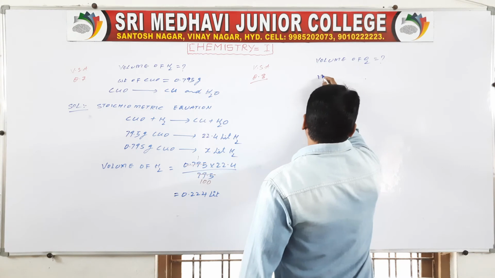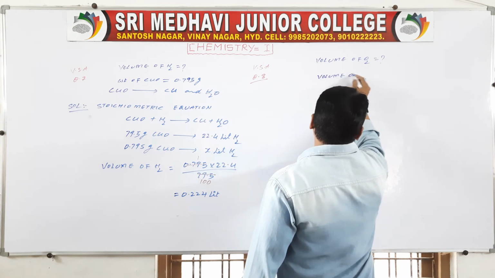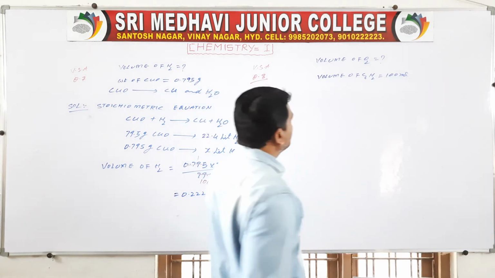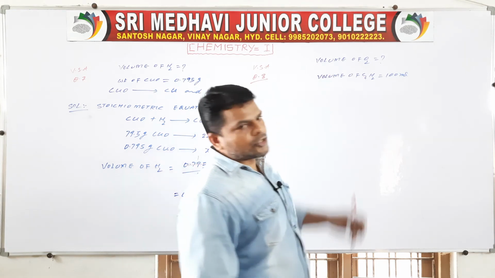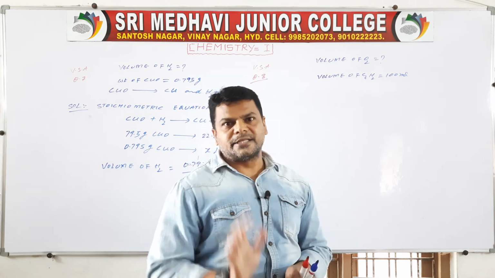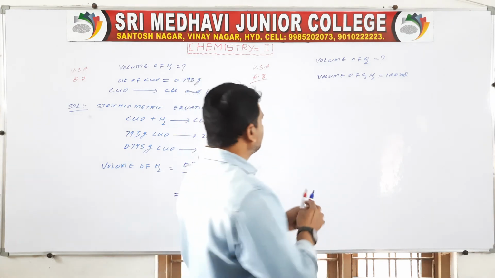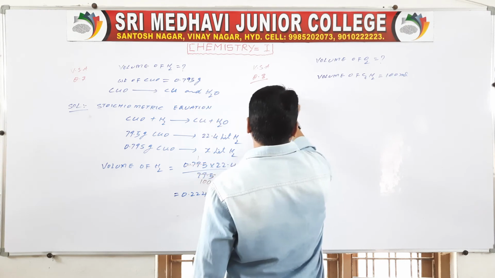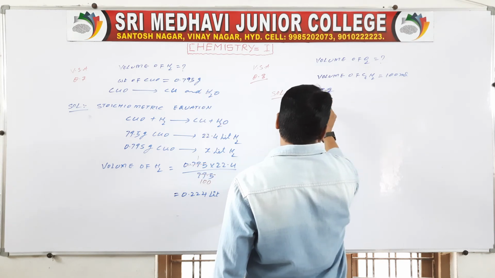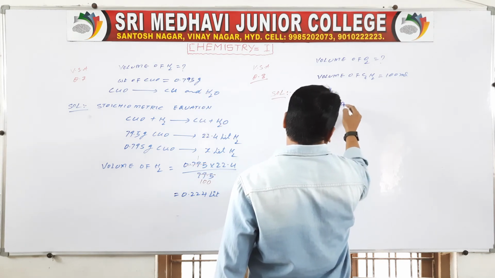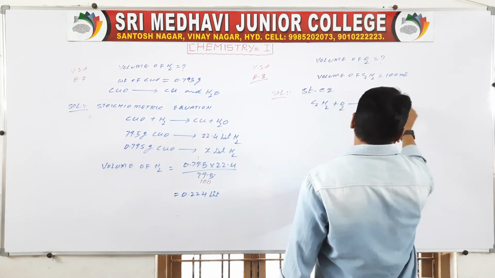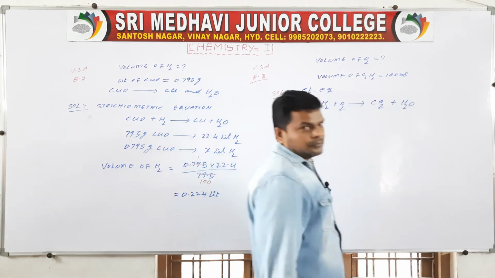The volume of C2H2 equals 100 ml. So this volume is given, and this volume we have to calculate. Acetylene is completely burnt in oxygen, so you have to write the stoichiometric equation. C2H2 plus O2 gives rise to CO2 plus H2O.